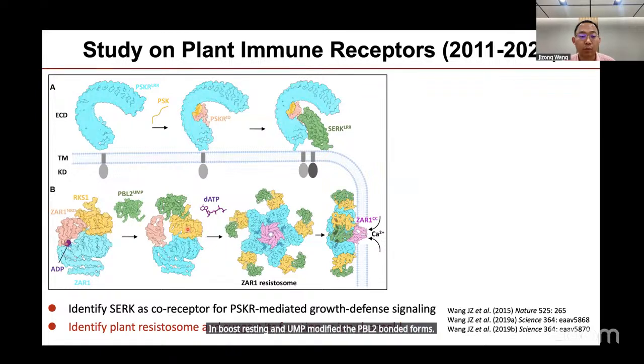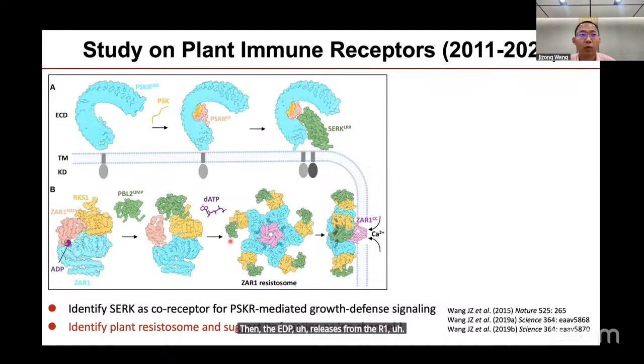Then we found PBL2-UMP, the green part, binding triggers the conformational changes of the nucleotide binding domain of ZAR1, called ZAR1 NBD, the light red part. Then the ADP releases from ZAR1.